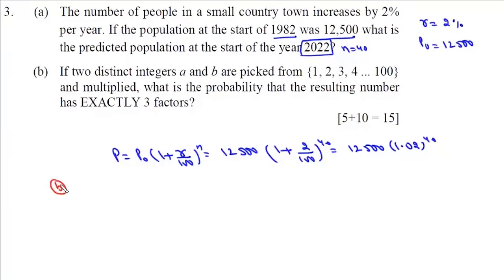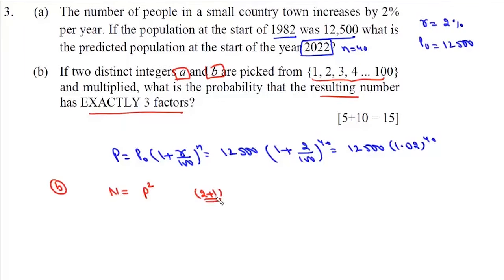Now part B is 2 distinct integers a and b. They are picked up from the set 1, 2, 3, 4 up to 100 and multiplied. What is the probability that the resulting number has exactly 3 factors? Now we know that any number will have exactly 3 factors if and only if it is the square of some prime. In that case, the number of factors will be simply 2 plus 1.